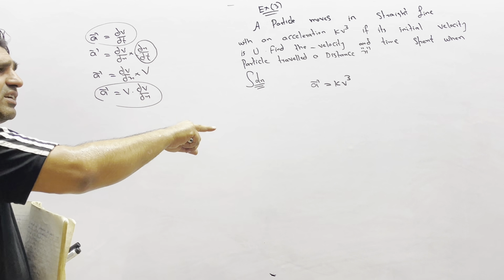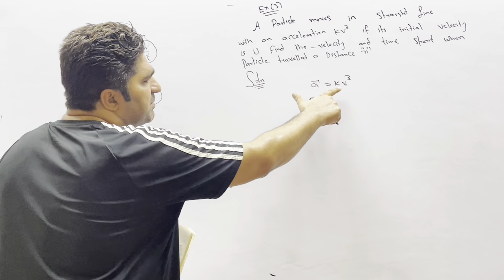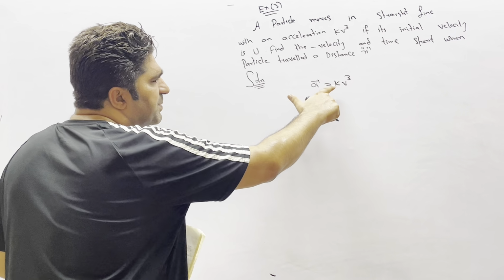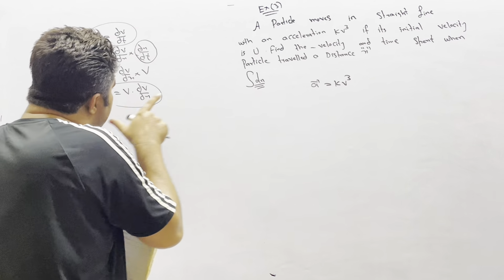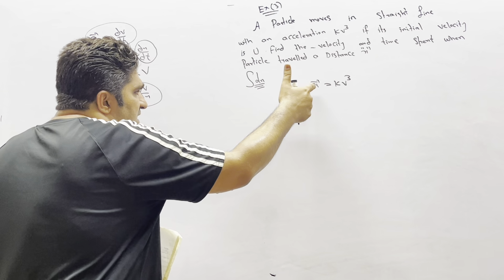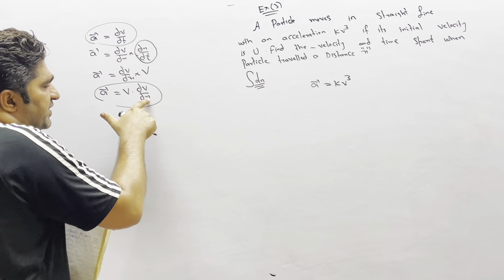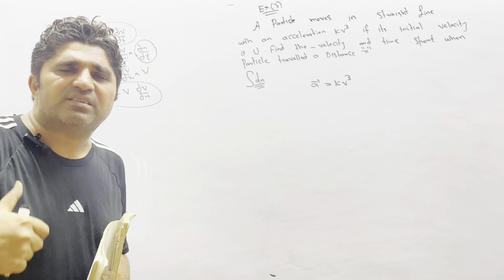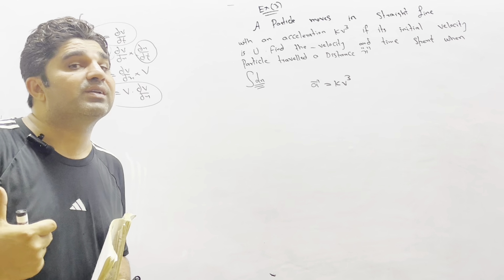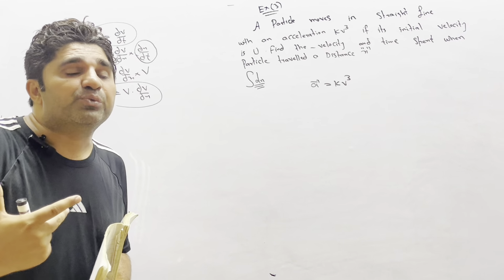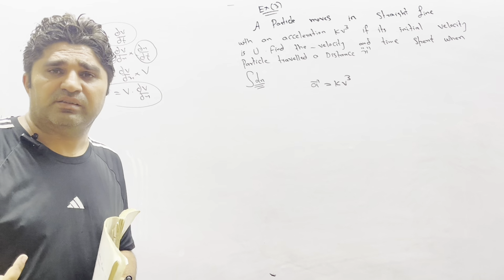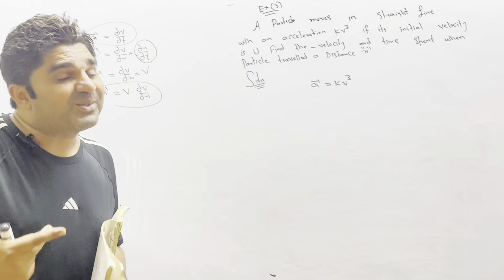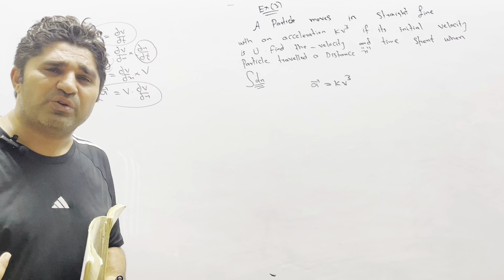And if it is not time dependent, there is no involvement of time here, then A will be equal to v dv over dx. So when acceleration is time dependent, you use A as dv over dt, and when it's independent of time, you use A as v dv over dx.